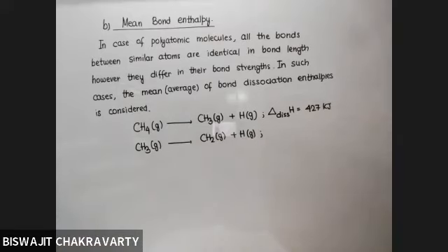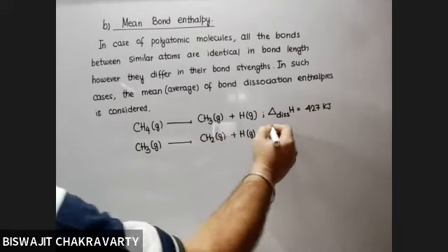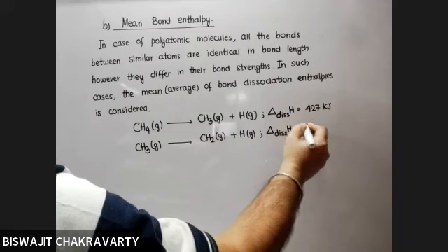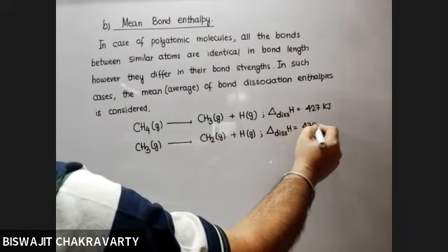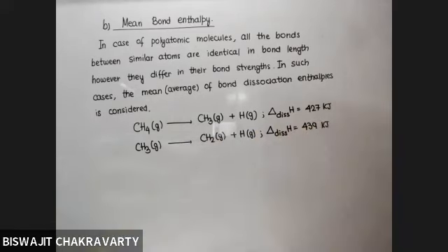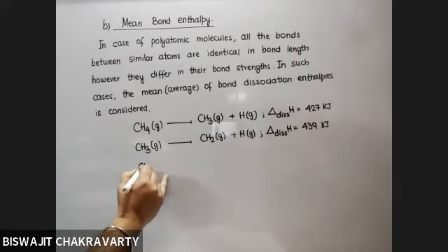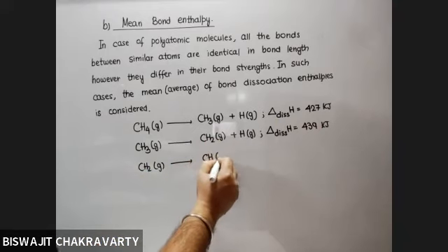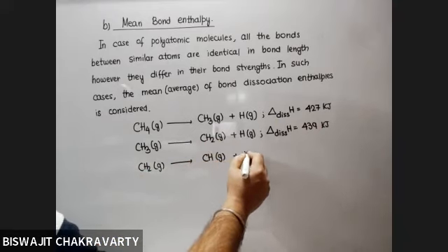Total of 4 carbon hydrogen bonds were there, but one after another, we are breaking it down. So it comes out to be 439 kilojoules. CH2 further broken down will give you CH plus H.